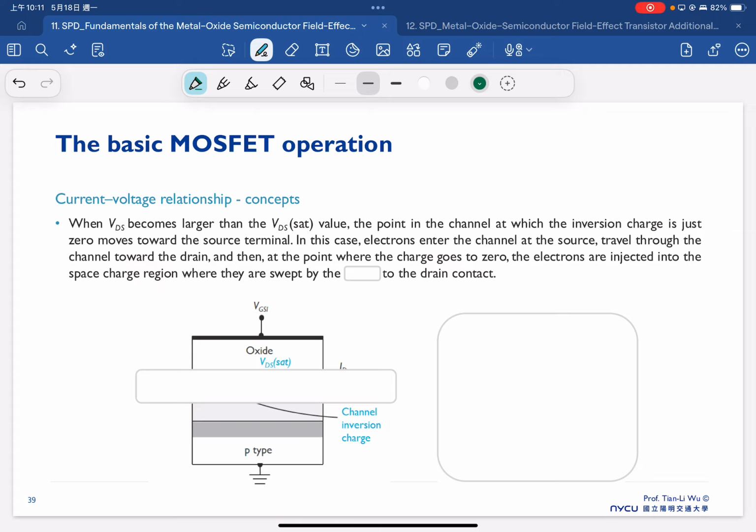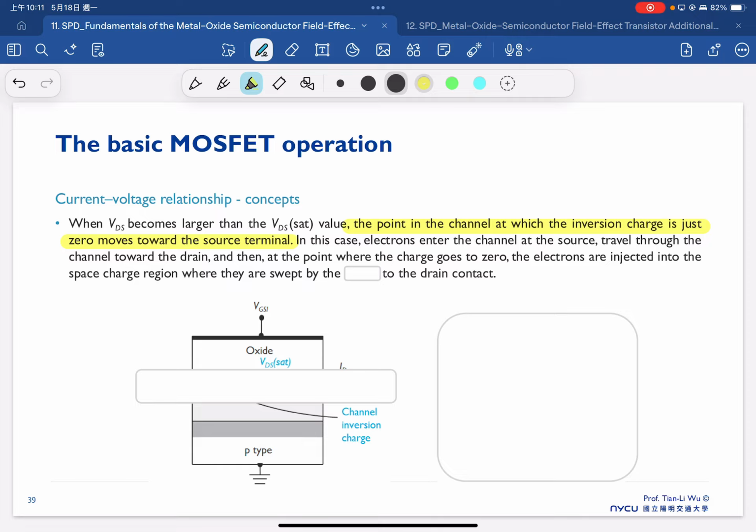So when VDS becomes larger than VDS set, the point in the channel at which the inversion charge is just 0 moves towards the source terminal.